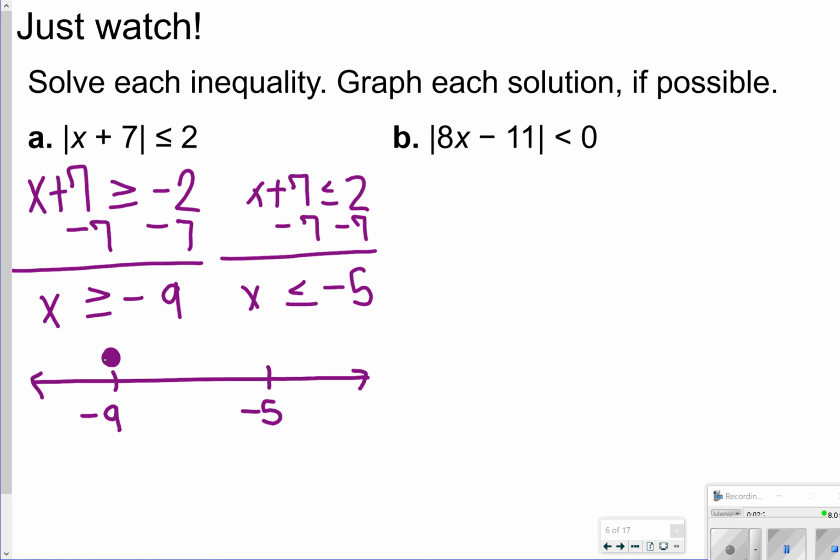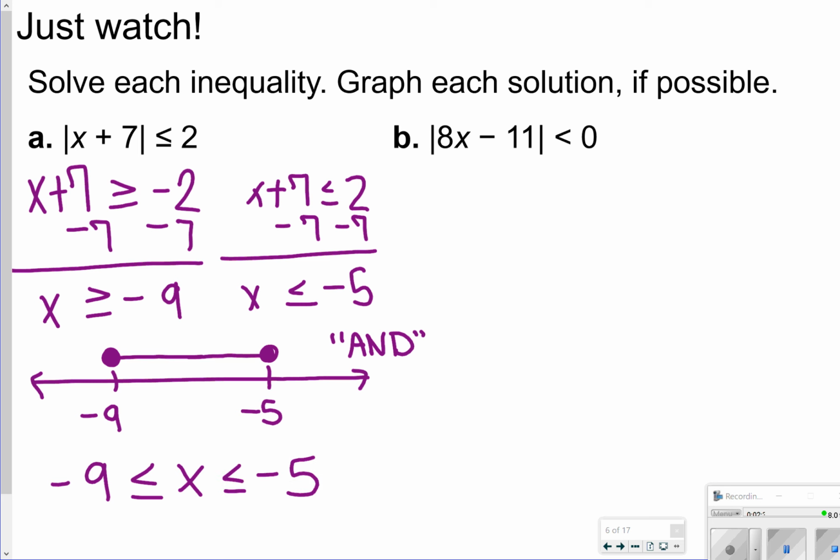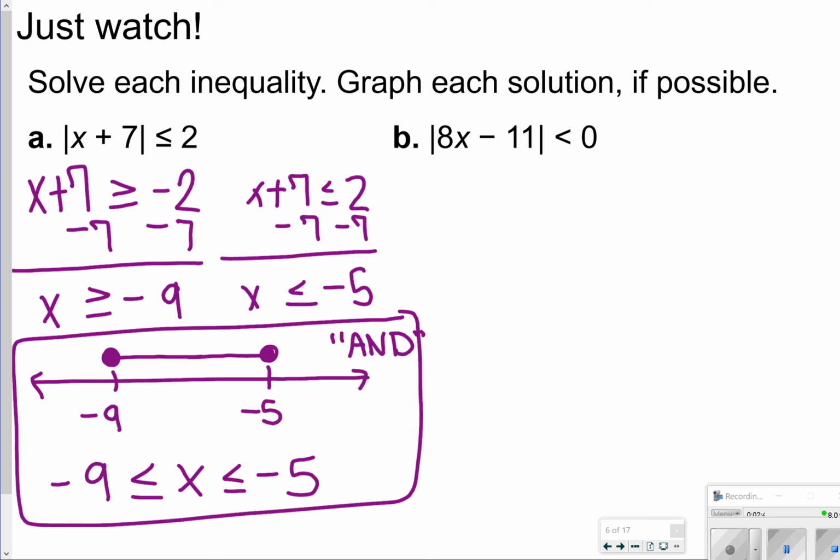Negative 9 is a closed circle pointing right, and negative 5 will be a closed circle pointing left. So they do overlap. So this would be considered and because they're overlapping. So I'm going to write it as an and inequality. Negative 9 is less than or equal to x, which is less than or equal to negative 5. So here would be my answer for letter A.